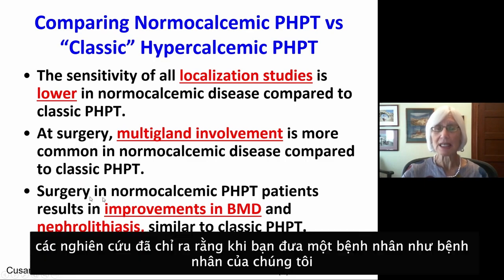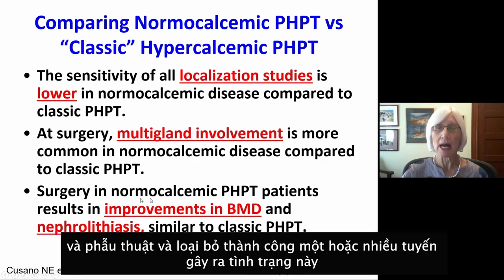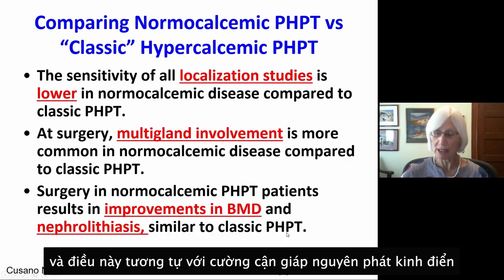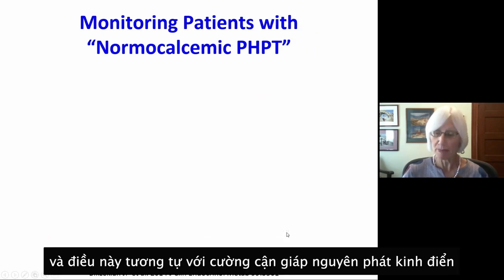However, the studies have shown that when you take a patient like our patient and operate and successfully remove the 1 or more glands that are causing this condition, there are improvements that are significant in bone density and even in nephrolithiasis if that were an issue. And this is similar to classic primary hyperpara.